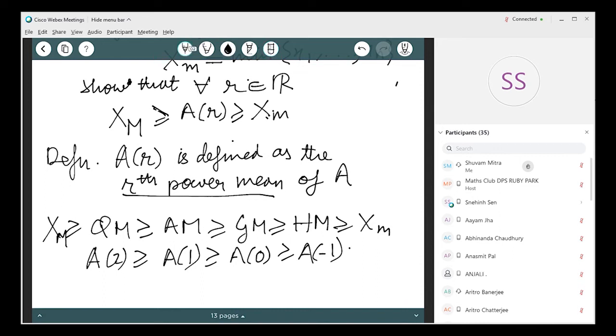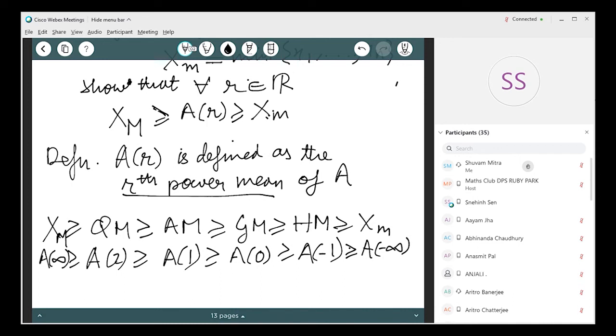But if you want to know, we write this as A minus infinity. Makes no sense, right? Infinity is not a real number. But actually it does make some sense. We would stick to x capital M and x small m instead, but if you want, you can write it as this.